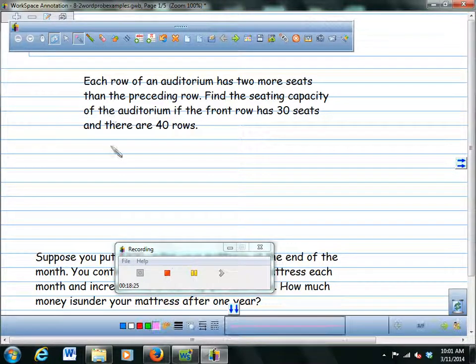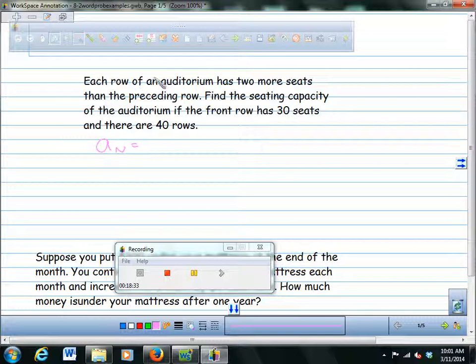The first thing you have to do is find out how to find the nth term. So what's the formula? You start with 30 seats going across, and then you have 2 more seats, and 2 more seats, and so on. You want to find out how many seats there are altogether.